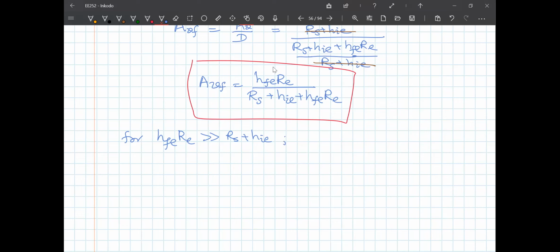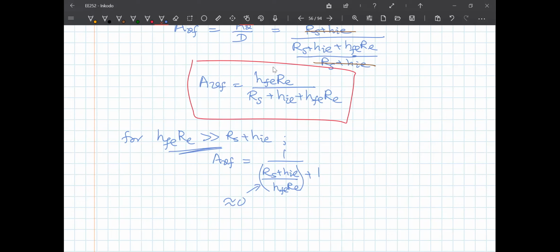So therefore, what will be the value of AVF? It will be equal to, if I divide everything by HFE, 1 over RS plus HIE divided by HFE RE plus 1. So this quantity right here is almost equal to 0 because of this thing.